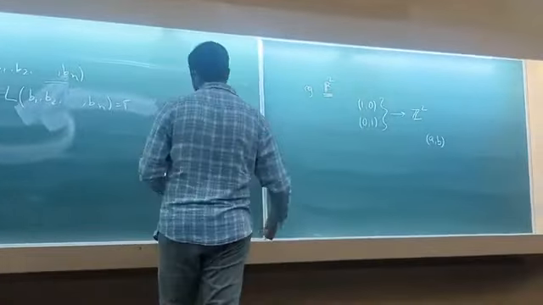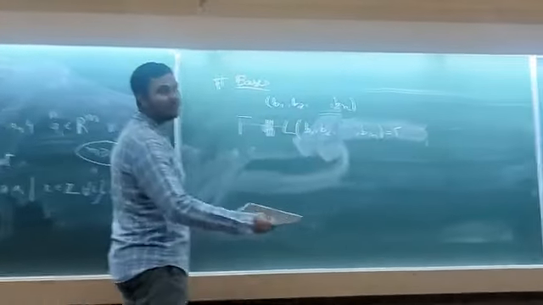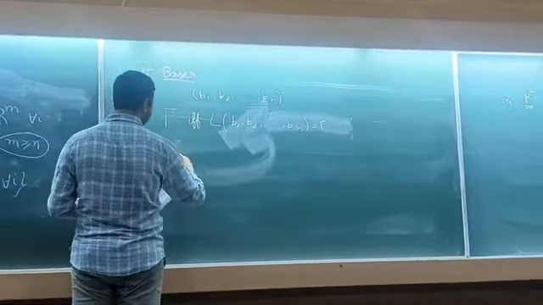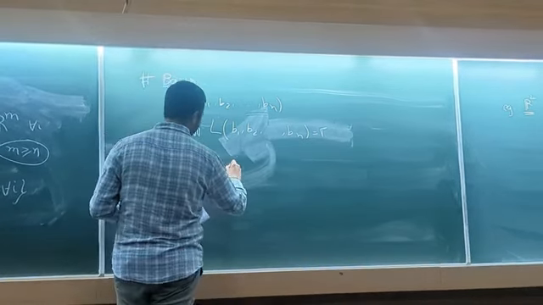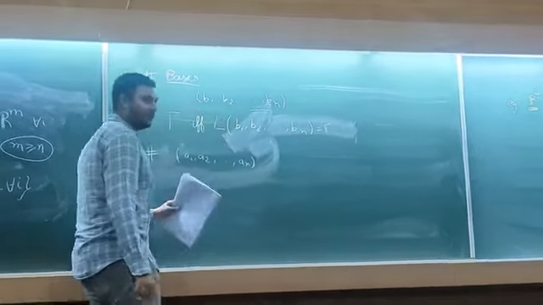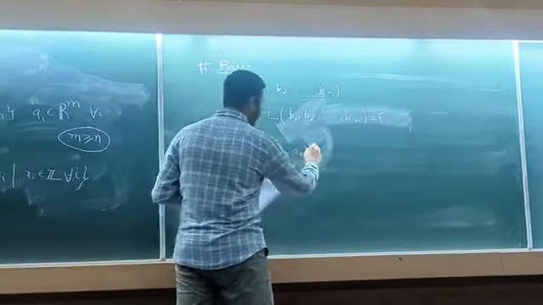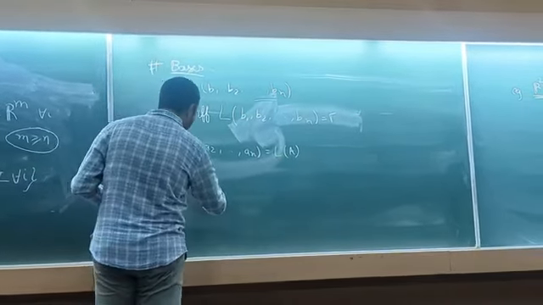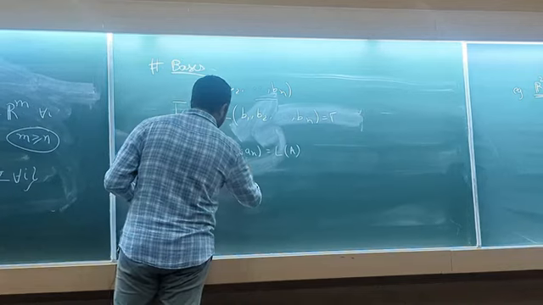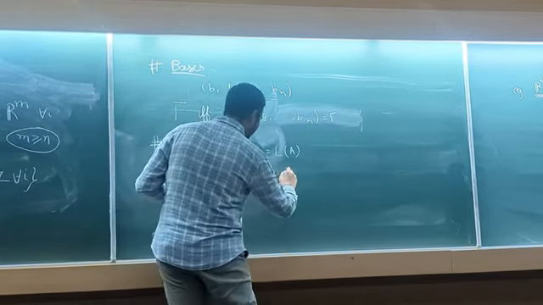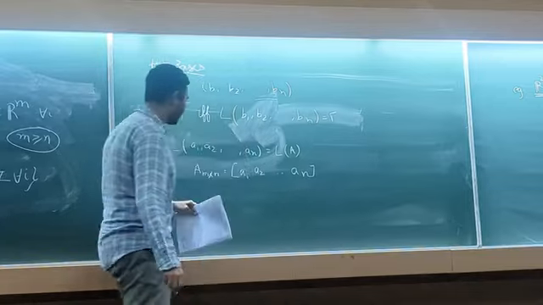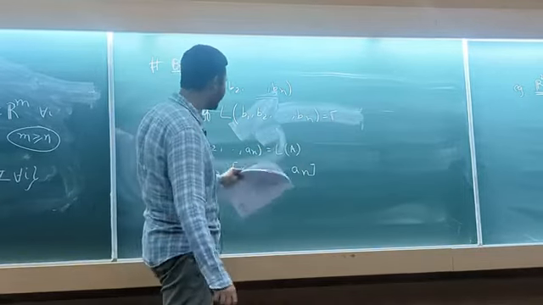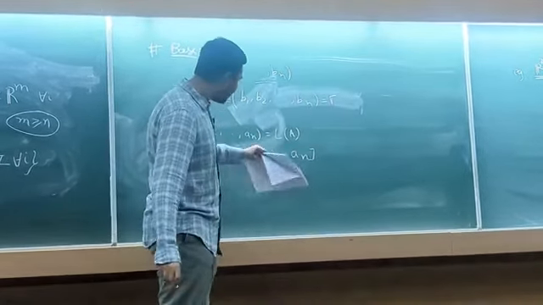We'll come to more examples later. One thing I want to say is you can represent bases in terms of matrices. Right? So if I have, say, my basis is a1 to an, I can represent the lattice generated by them as the lattice generated by the matrix A, where A is an m cross n matrix, where each column is a vector of an m-dimensional space, and n is the number of columns.